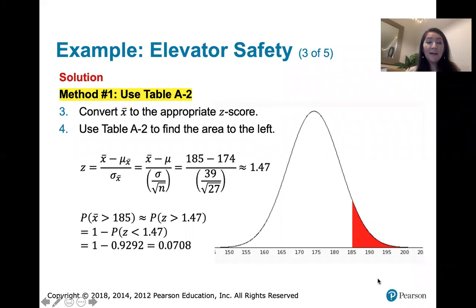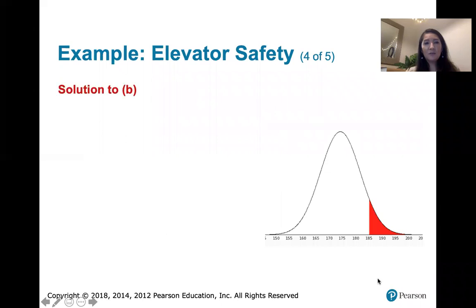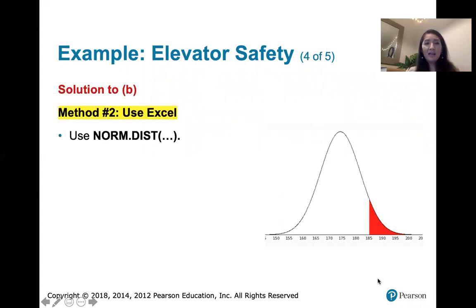We can get a better estimate of this probability if we use technology. So we're going to use Excel next. This time we'll use the normal distribution function. It's norm.dist, and then in parentheses you're going to add some arguments. So you'll have the x value, the mean of this distribution over here.